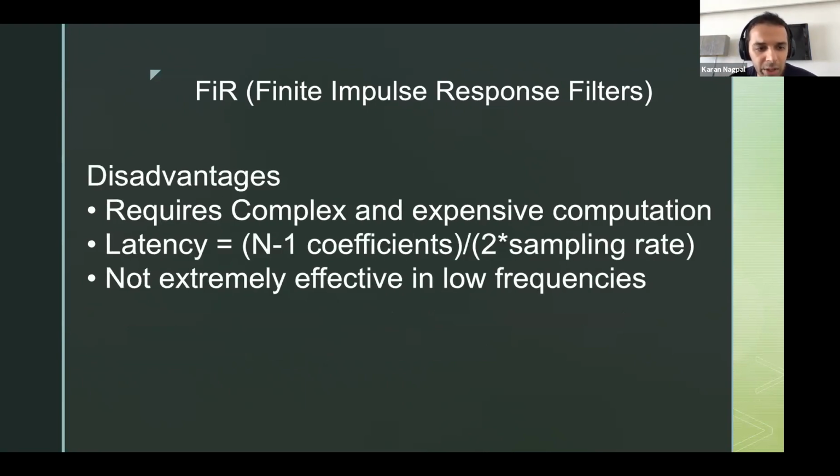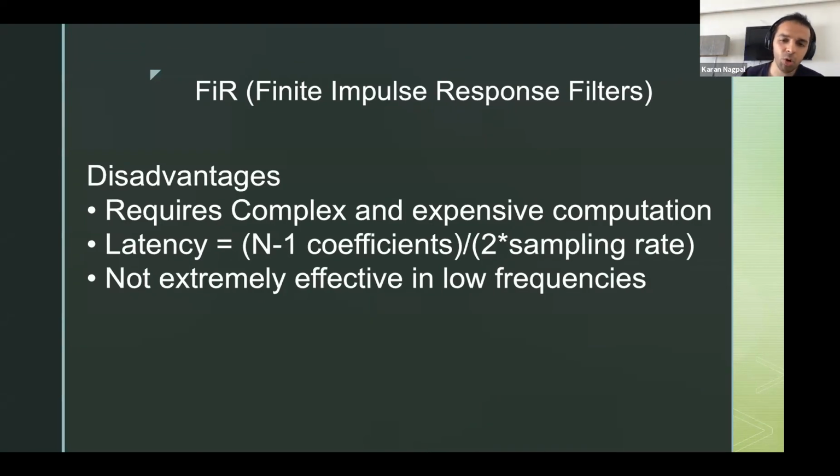Very good. Disadvantages: it's complex and expensive computation, so the hardware is not cheap. You'll see these features are not available in very modest processors. If a normal DSP costs 20,000, something like this would cost approximately 60-65,000.